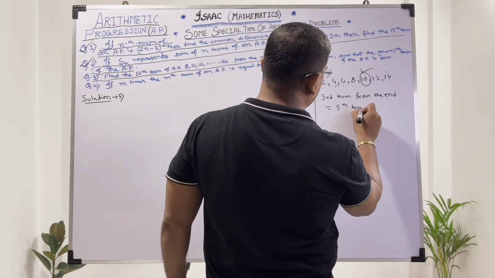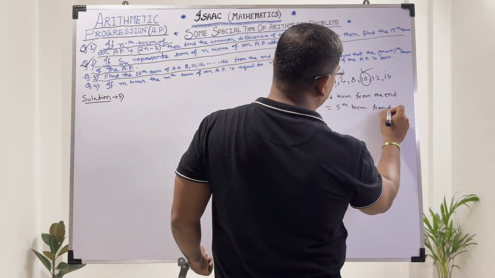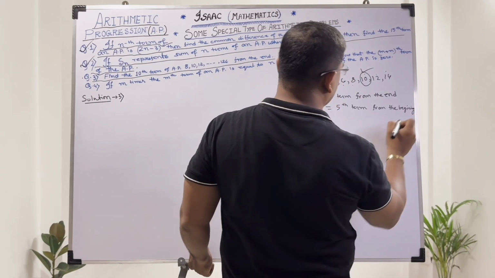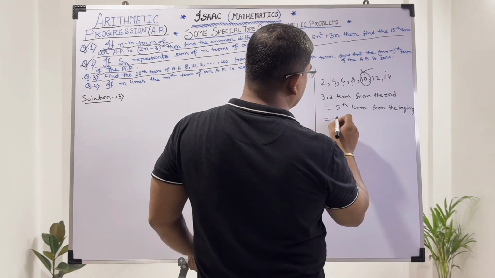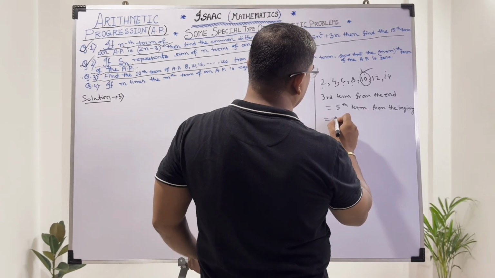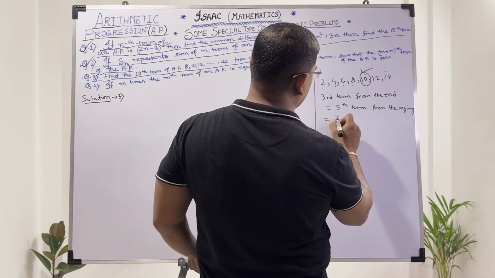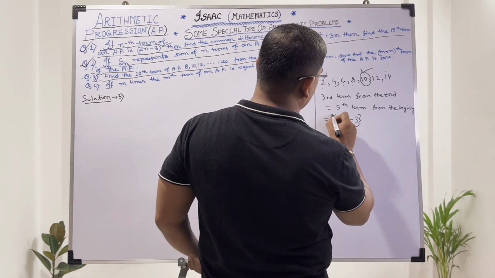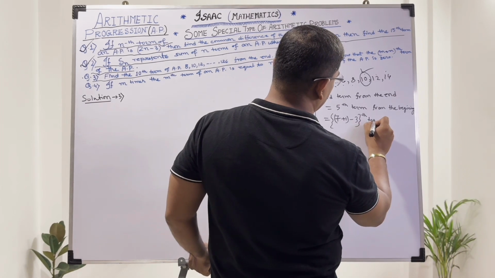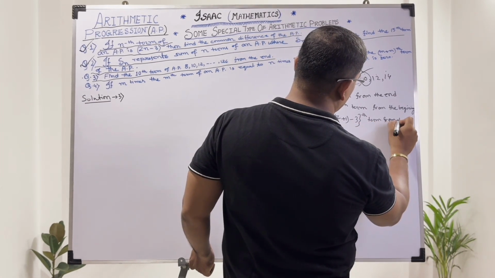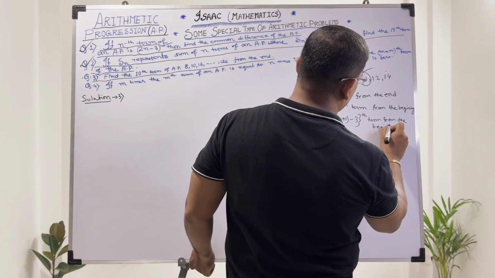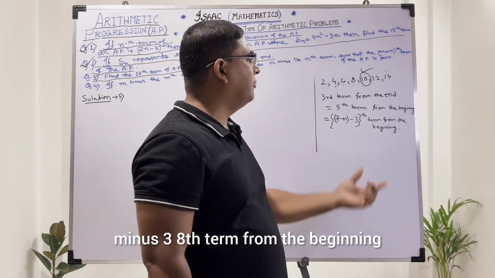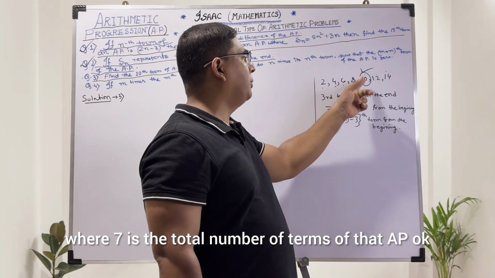Fifth term from the beginning, which is equal to 7 plus 1 minus 3, the eighth term from the beginning, where 7 is the total number of terms of the AP.